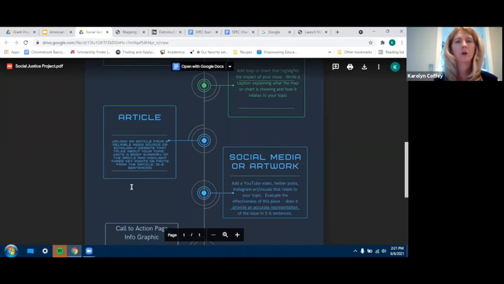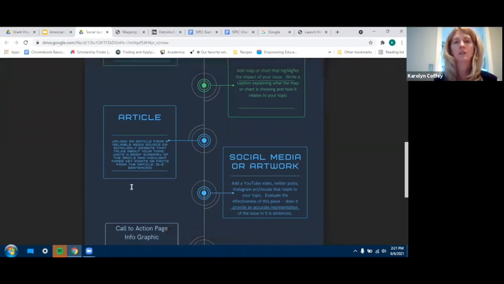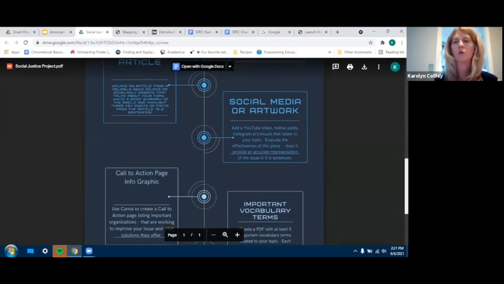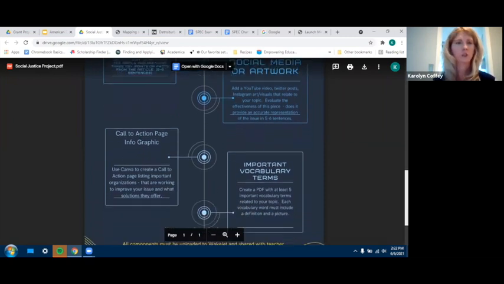They could upload an article that discusses the issue, and then you would have students highlight the main facts of that article. Students could also upload media, artwork, or other social media like YouTube videos or Twitter posts, and then they would be responsible for responding to those things that they post, explaining why it's important, or maybe arguing that this piece does not accurately portray the issue, and critiquing those works of art.